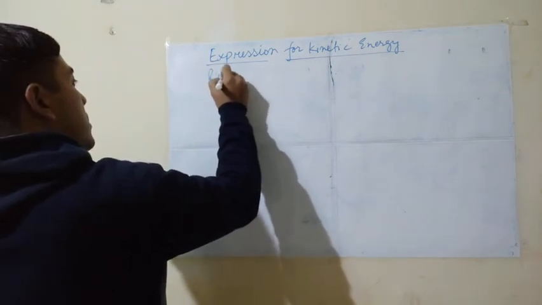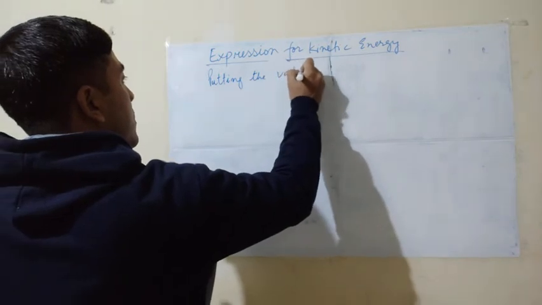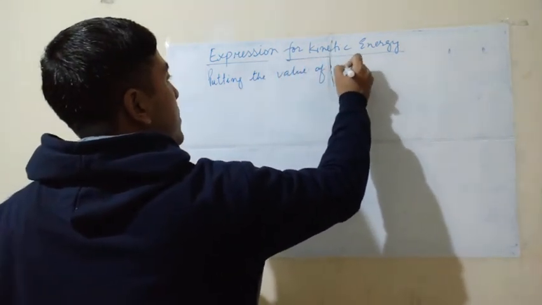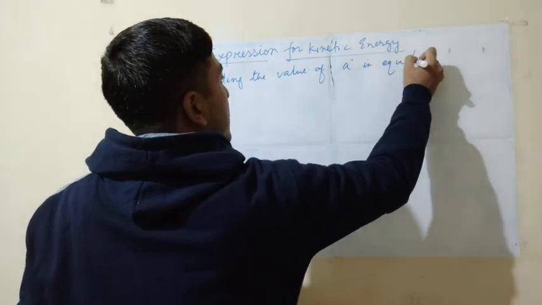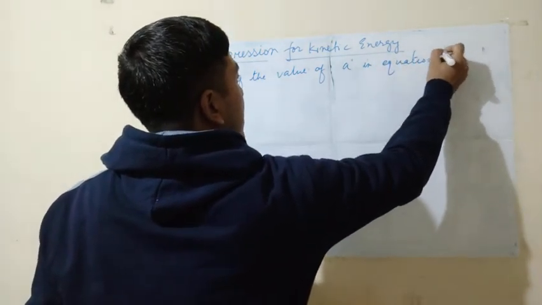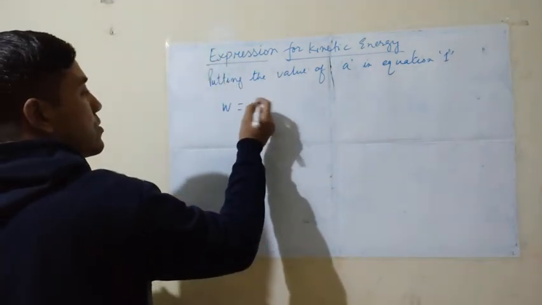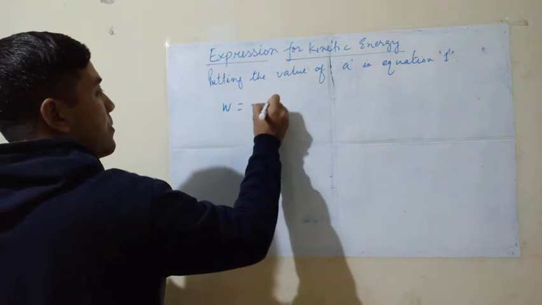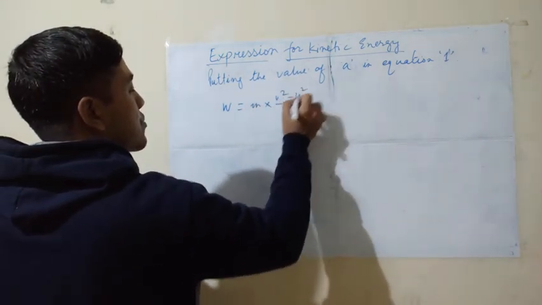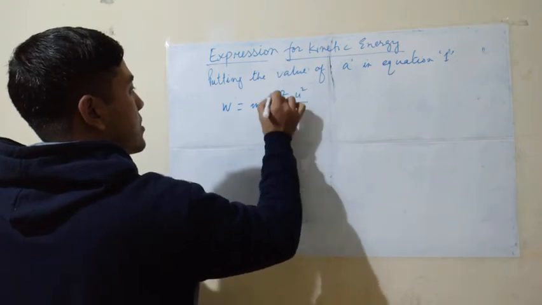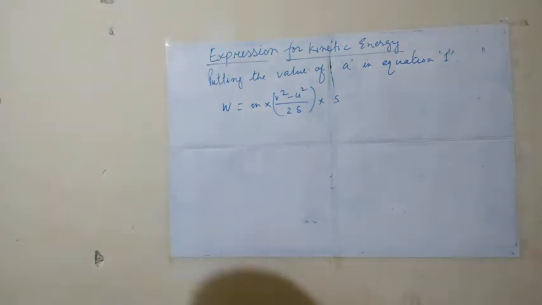Putting the value of A in equation number 1, now this work done is equal to M into V square minus U square by 2S into S. Right?